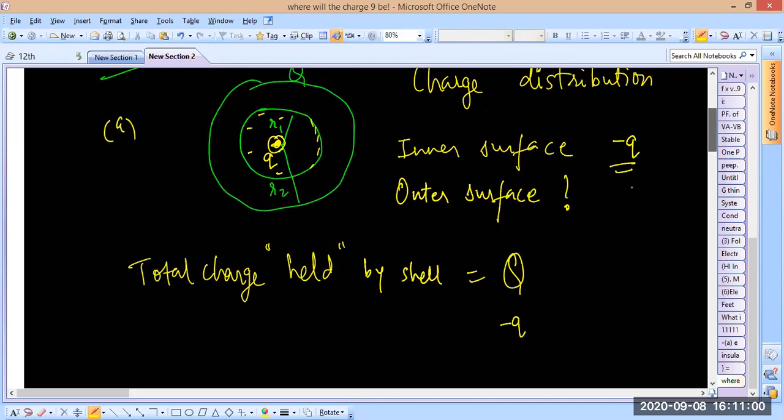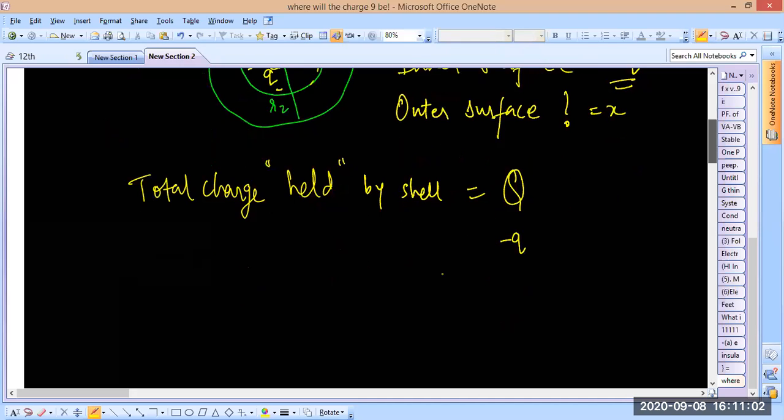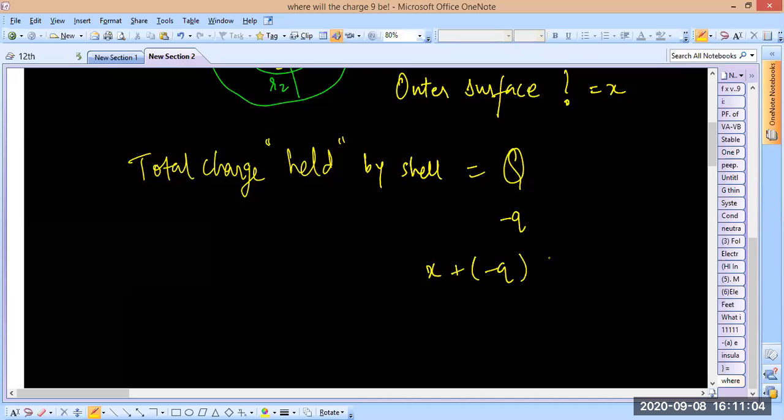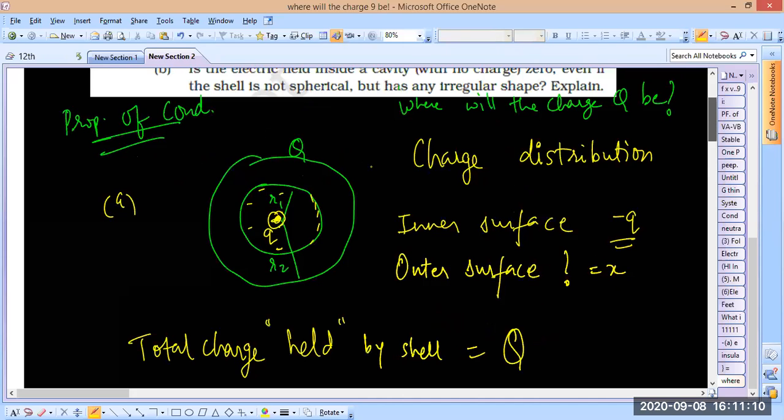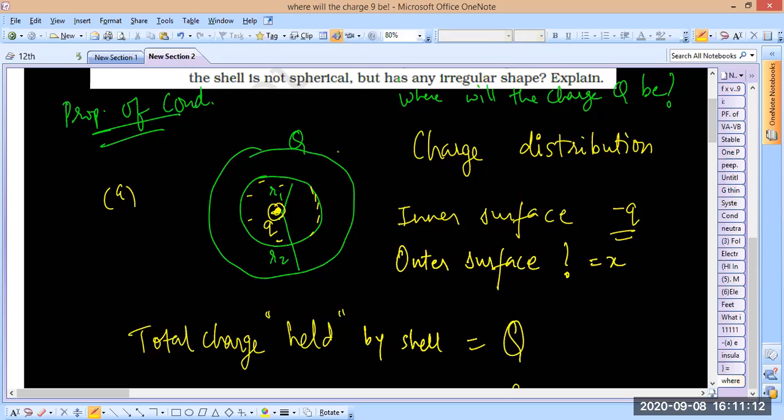So if I call this x again, then x plus minus q is equal to capital Q. That's why x will be Q plus q. I hope nobody has any doubt whatsoever. So now it will become Q plus q. First it was capital Q, that's old now. If you put this q here, this will become Q plus q.